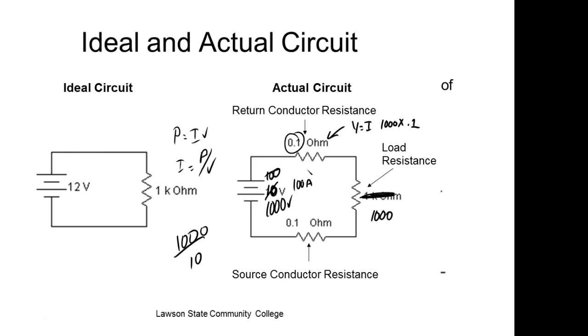Now, when they're trying to transmit power from here, here at Lawson State Industrial Campus, our power comes from the Tennessee Valley. How long do you think those conductors are? A lot of miles. About 200-300 miles, right? So do they run wires bigger than me?